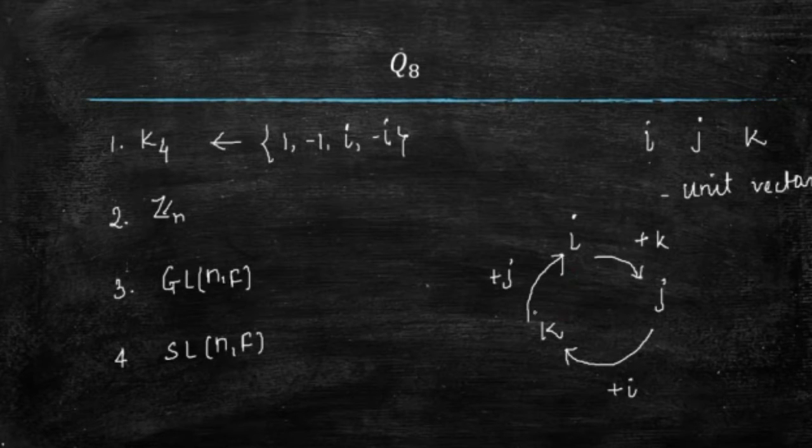However, reverse the direction. So if you are multiplying i with k, you will get minus j. If you are multiplying k with j, you will get minus i, and j with i, you will get minus k. So keeping these elements and these products in mind, we are ready to define the next set.